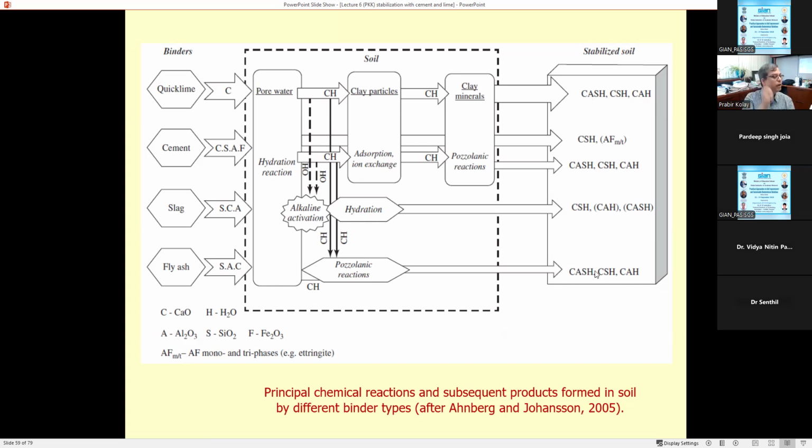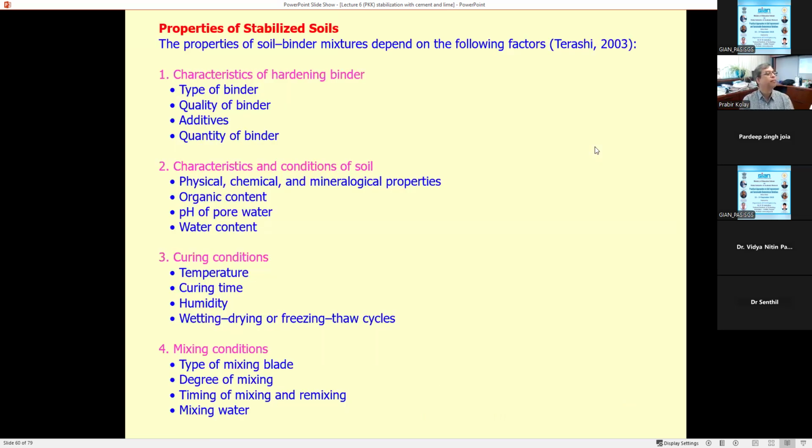So these are a few different ones: ettringite or monosulfate aluminate, or trisulfate or monosulfate aluminate here. Then, properties of the stabilized soil. The soil-binder mixture depends on so many factors, as I mentioned. So you need to characterize the hardening binder.